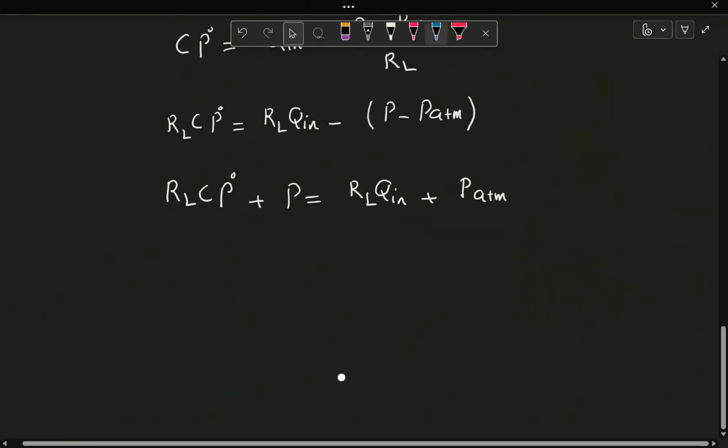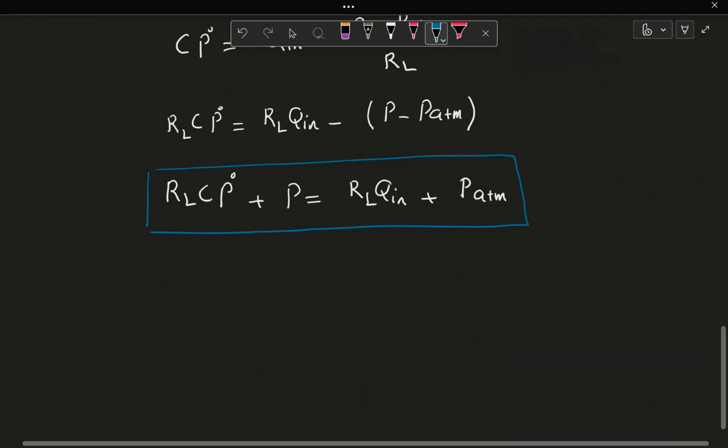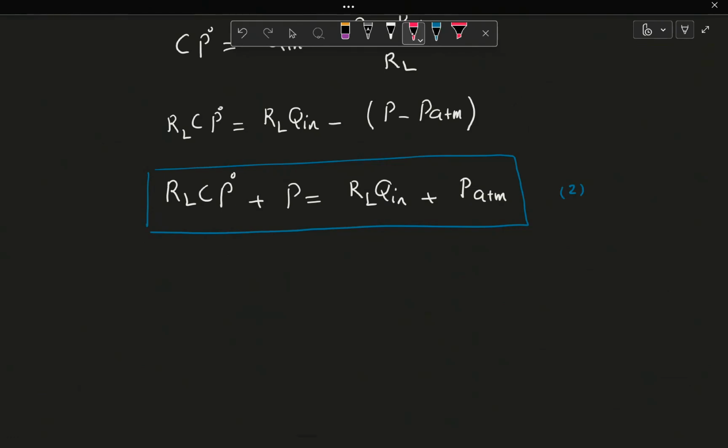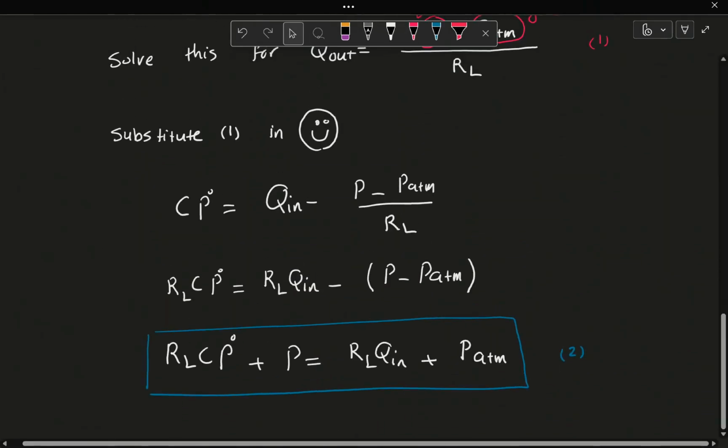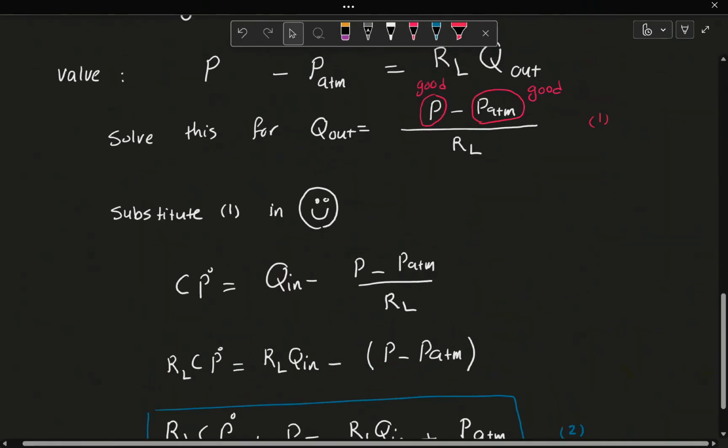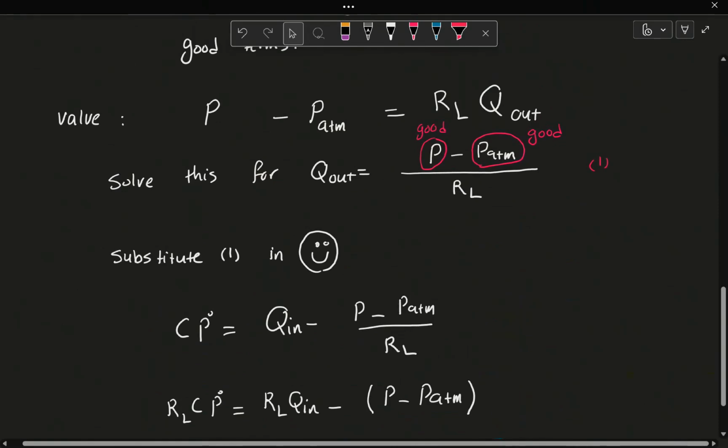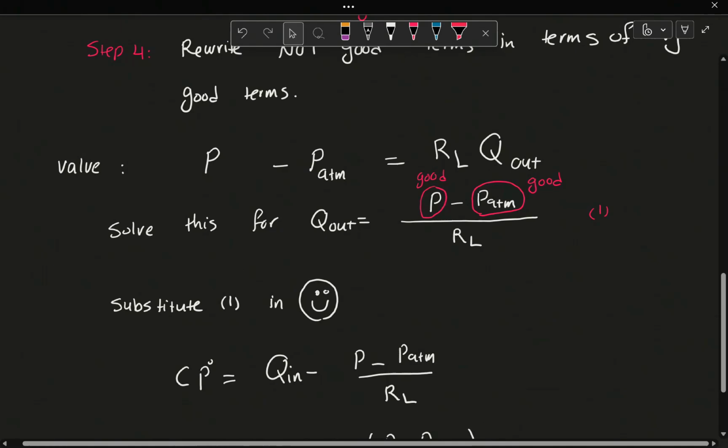So this is one valid model for this tank. Let's call this equation 2. My fundamental assumption for deriving this equation was laminar flow. So here I assume that, let's say, valve assumption.